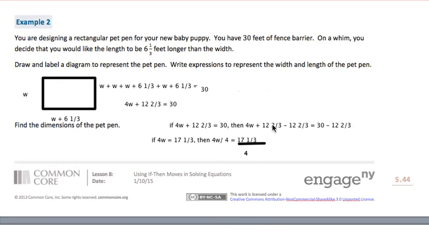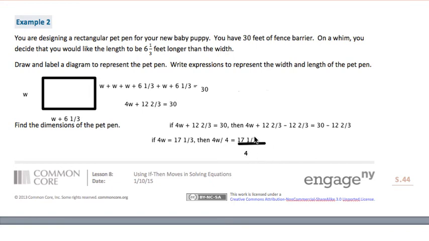And then we do our math, and we get 4W. If 4W equals 17 1/3, 30 minus 12 2/3 is 17 1/3, then 4W divided by 4 will equal 17 1/3 divided by 4.